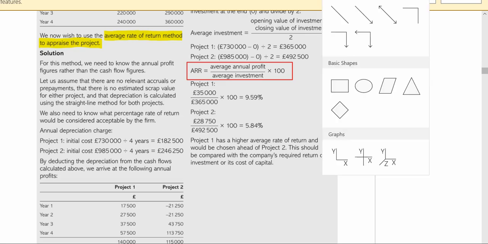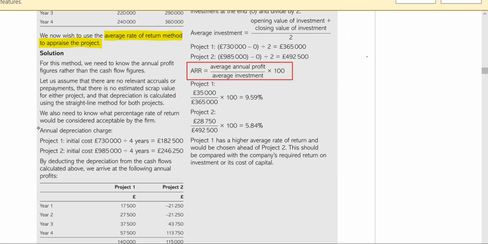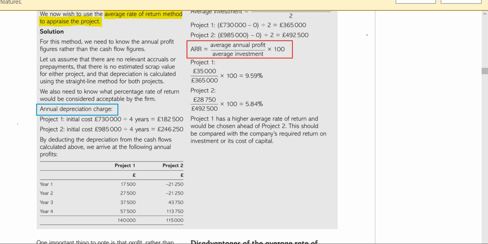So for the first calculation, what to do? We will calculate the depreciation, because profit is not given to us. To reach the profit, we have to calculate the depreciation. So how to calculate depreciation?